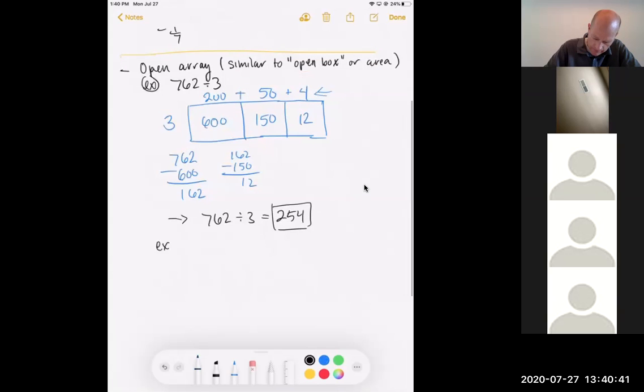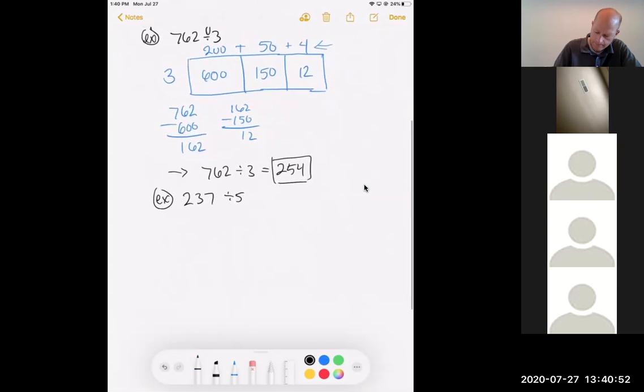So let's do another example of that open box method or open array. You do 237 divided by 5. So we set our 5 as one dimension of a box, and we leave it open until we finish chunking up 237, and then we can close it and find the actual array. Let's have a volunteer voice a number.